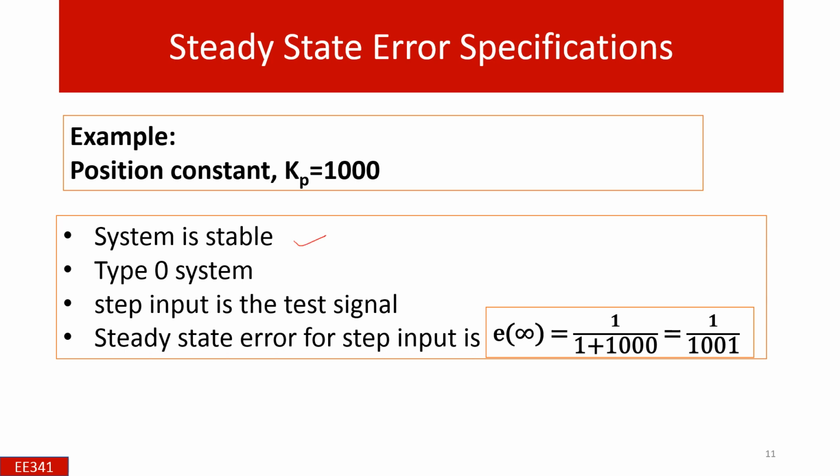For position constant, the system type is 0, and the test signal for this type of system is the step input. And if we want to find the steady state error, if the position constant is given, then this formula applies: steady state error equals 1 over 1 plus the position constant. Then we can find it through this one.